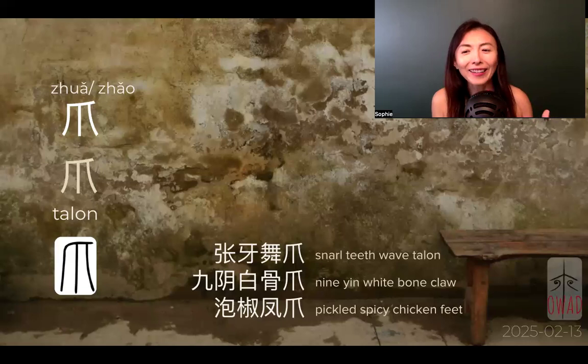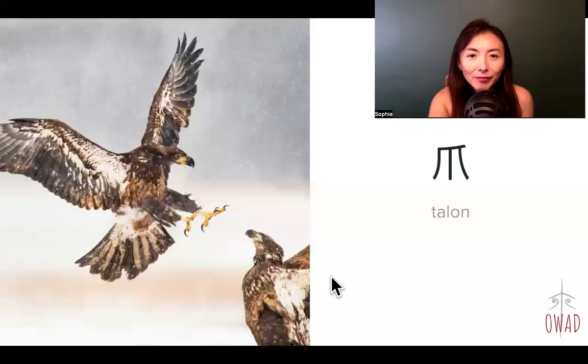That's quite a challenge to some Western diners. So we can see here is 爪. So that's the chicken feet. It's harmless. It's in fact part of your dish. So it's definitely not at the table, but on the table type of claw or feet.